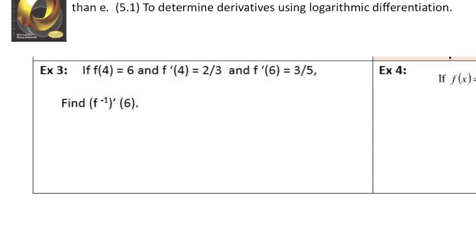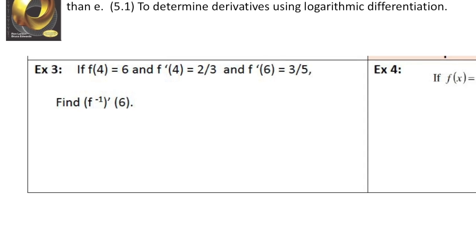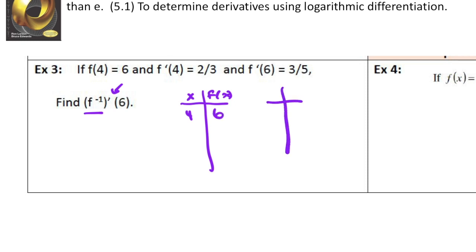For example 3, we're told that f at 4 is equal to 6, f prime at 4 is equal to 2/3, f prime at 6 is equal to 3/5, and we're looking for the derivative of the inverse function at 6. My thought is I like to write x and f of x, just to help me keep my numbers straight. So I have 4 and 6. So if these are 4 and 6, then the x and f inverse of x are going to be 6 and 4, just to help keep myself organized.